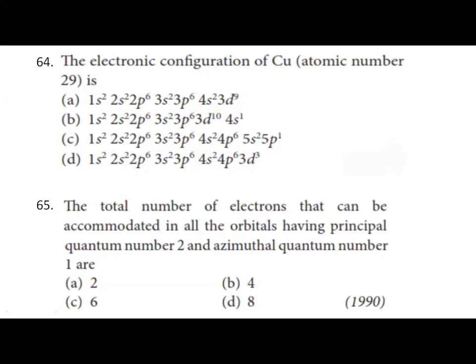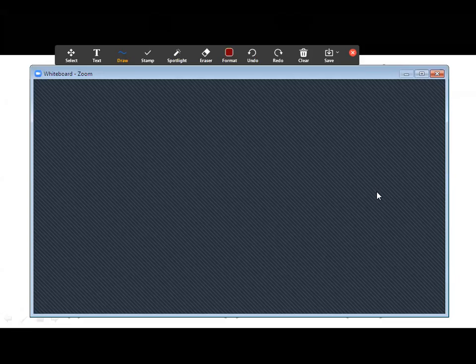The total number of electrons that can be accommodated in all the orbitals having principal quantum number 2 and azimuthal quantum number 1.